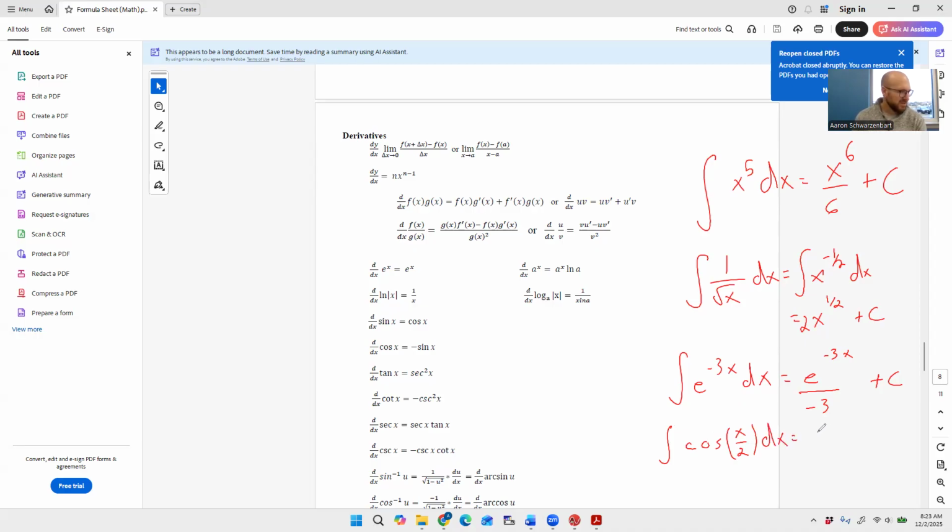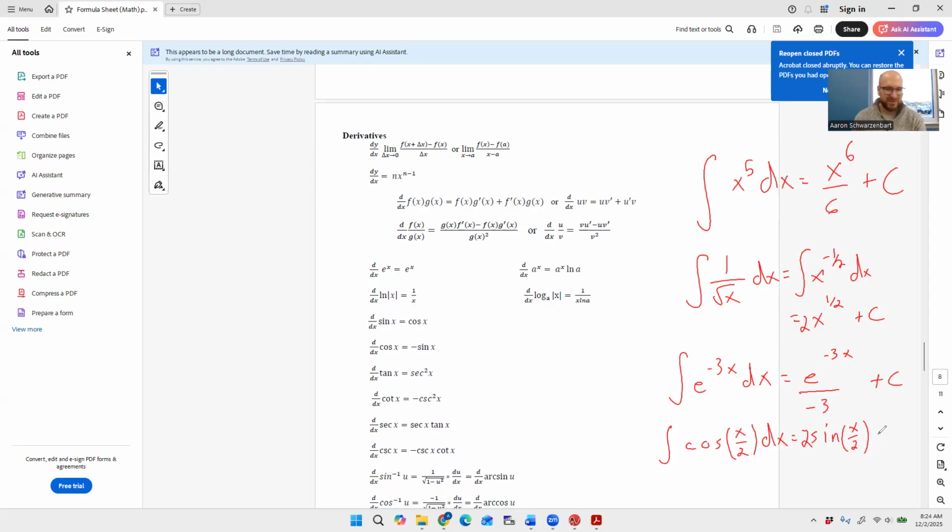What has an integral of cosine? Sine. This one would also have a chain rule, right? So you normally multiply by half. X over 2 has a derivative of half.